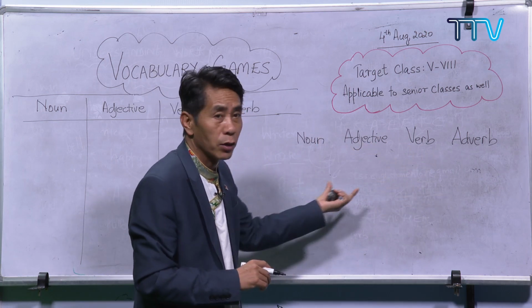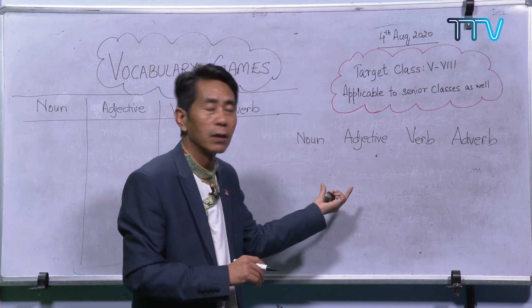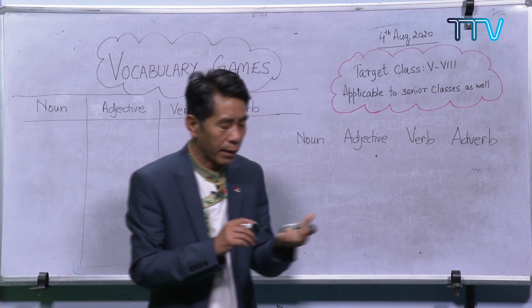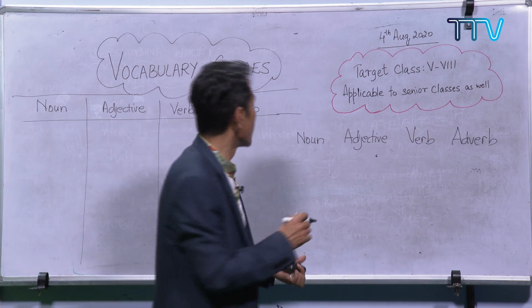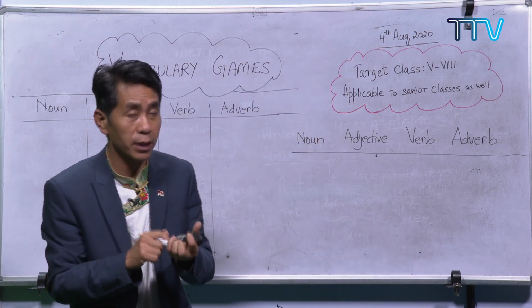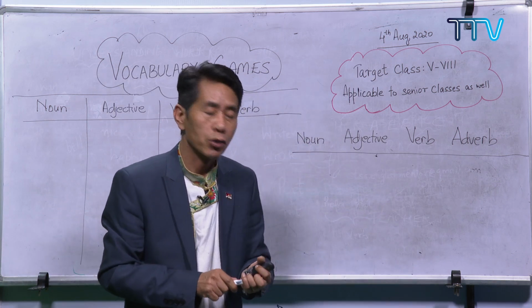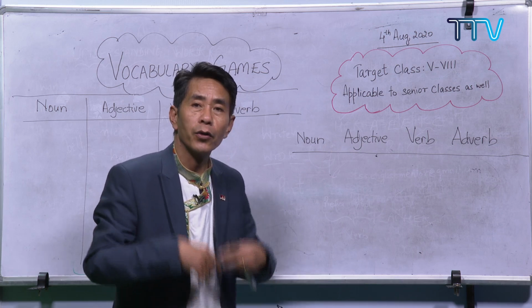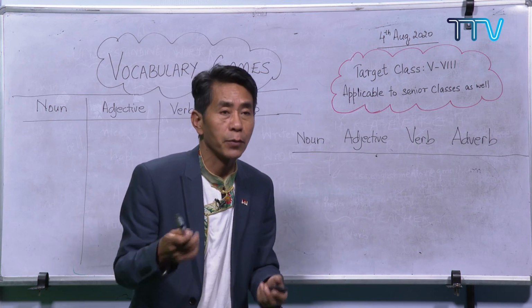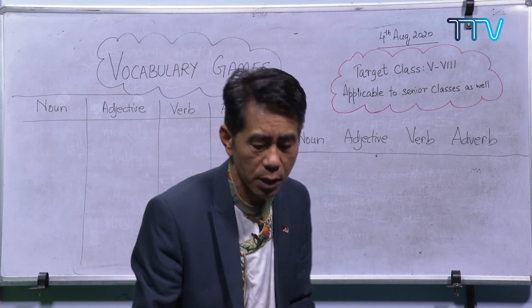Sometimes we don't have the adjective of that particular verb, and sometimes we don't have the adverb of that particular word. This happens, but you are going to try your best to come up with all these things. In this way, you can also know your different parts of speech, and this will help you know the words better.